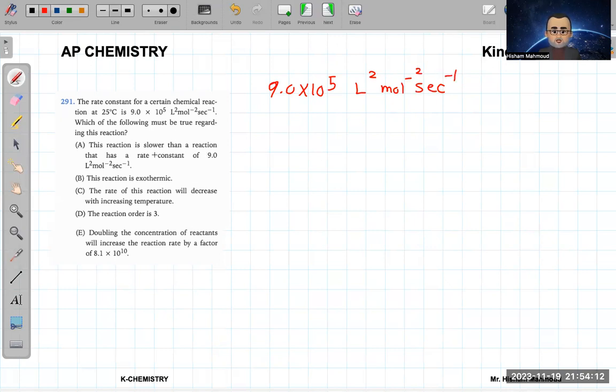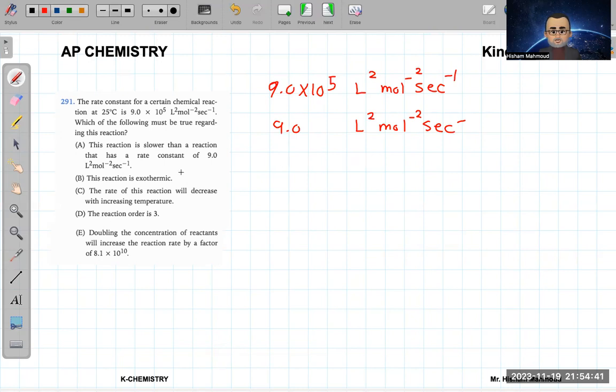This reaction is slower than a reaction that has a rate constant of 9 liters squared mole minus 2. The first one was L2 mole minus 2 second minus 1 and this is 9 only, L2 mole minus 2 second minus 1.